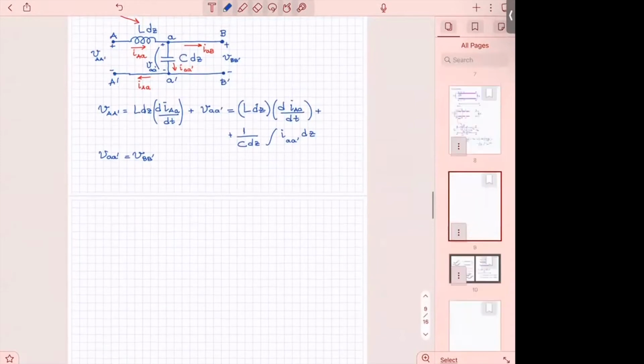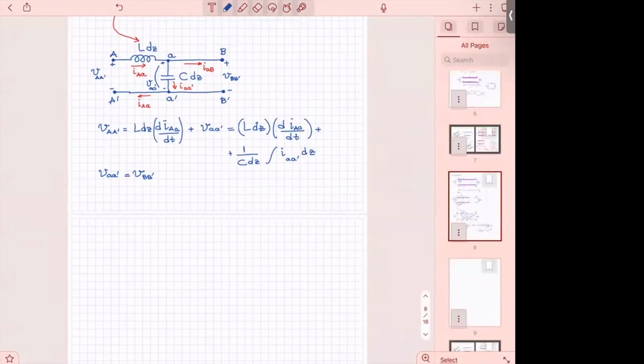And then what else do I have at point A, little a? So this is Kirchhoff's voltage law, KVL.